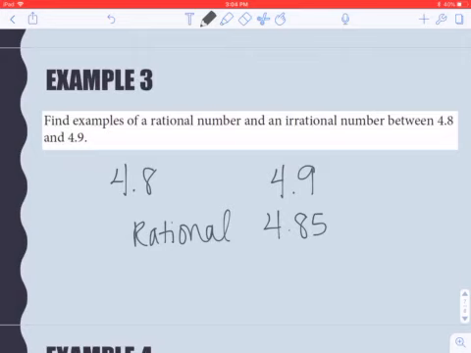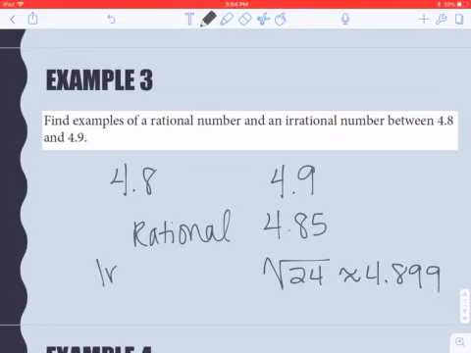Nope, have to be bigger than that. The square root of 24 is approximately 4.898 or 899.